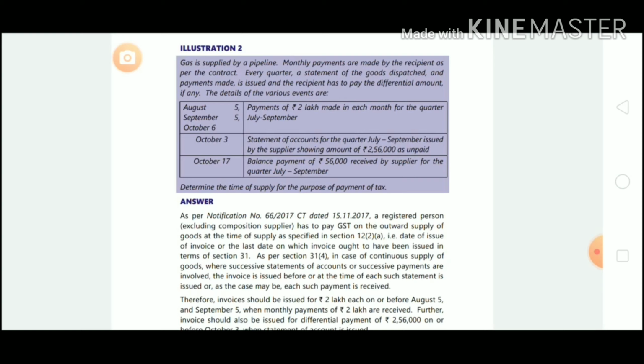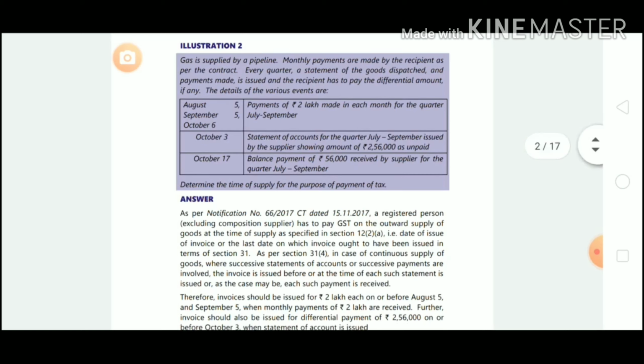They are showing amount of 2,56,000 as unpaid, and actually only 56,000 is unpaid, but the 2 lakh payment that is received on October 6th will not be considered in the statement of accounts of July to September. That's why they have given 2,56,000 as unpaid, but in reality only 56,000 was unpaid, which was received on October 17. So let's read the answer.